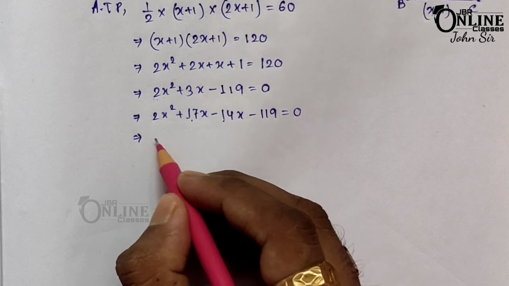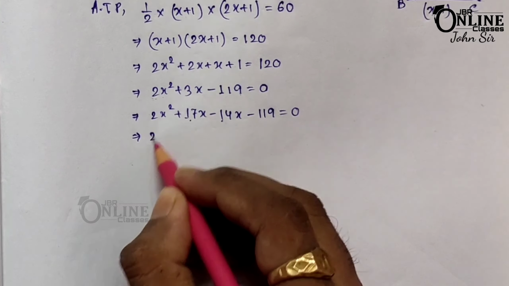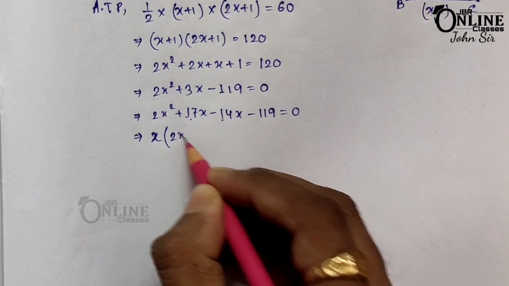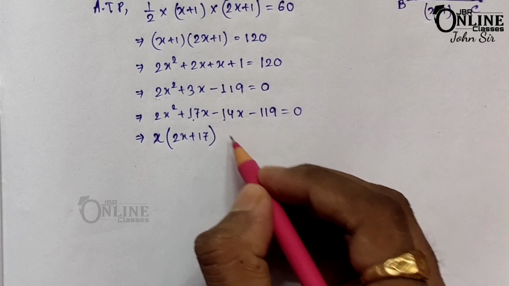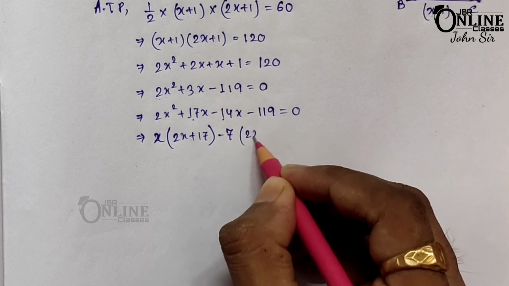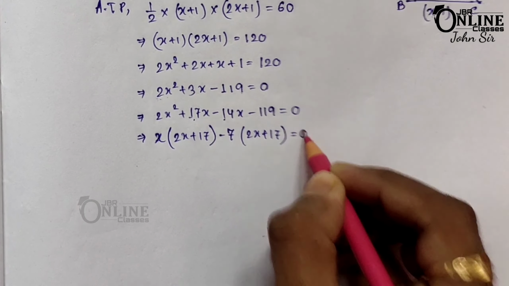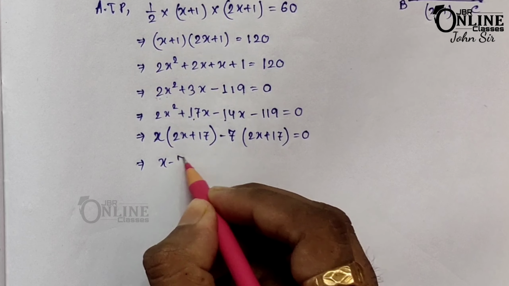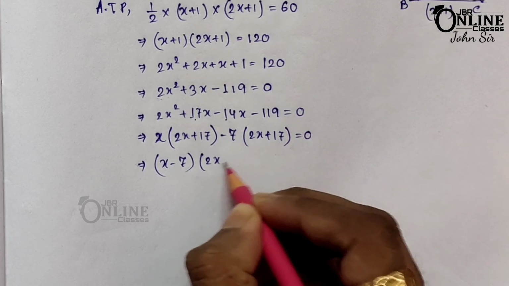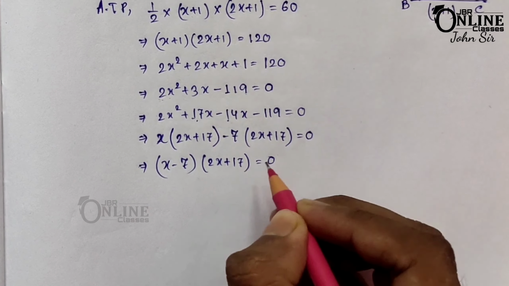Okay, so from 2x square and 17x, x is common, so it will be x into (2x plus 17), and then from minus 14x and minus 119, minus 7 is common, so it will also be (2x plus 17) and that equals 0. So the two factors are x minus 7 and the second one 2x plus 17 equal to 0.